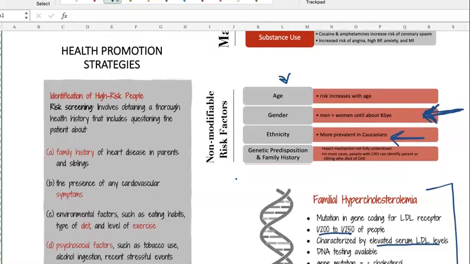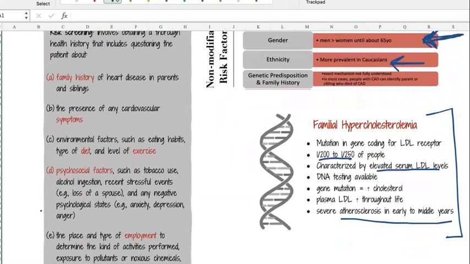So when we look at management or health promotion, these risk factors are really, really huge. When we're talking about coronary diseases at all, screening people for risk factors is really, really important. And for CAD, we want to look at these 5 main things.